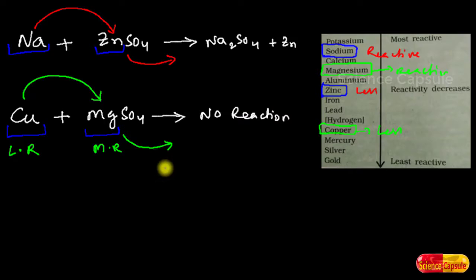Always keep in mind that a highly reactive metal can displace a less reactive metal from its salt solution, but a less reactive metal cannot displace a highly reactive metal from its salt solution. This is how we can understand the reaction between metals and solutions of other metal salts.